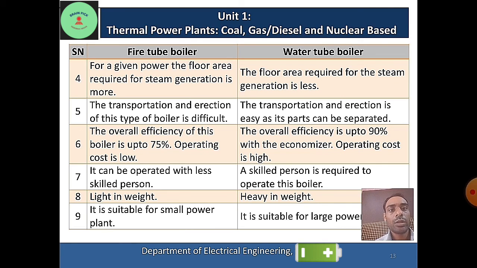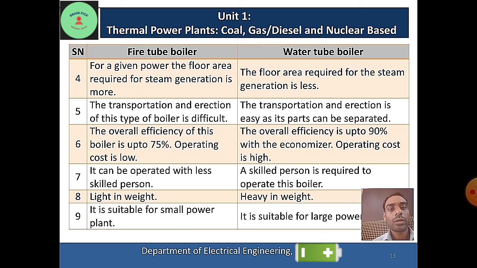After that, efficiency of fire tube boiler is near about 75% and it is low, whereas for water tube it is around 90%, which is more. Again, fire tube boilers can be operated with less skilled persons, whereas to operate water tube boilers, skilled persons are required.